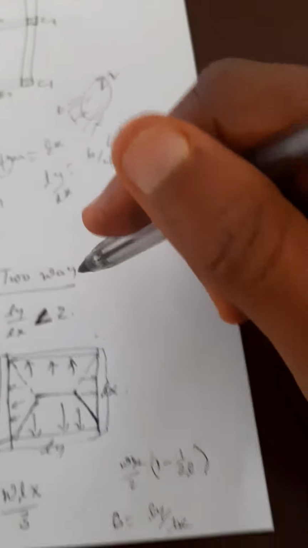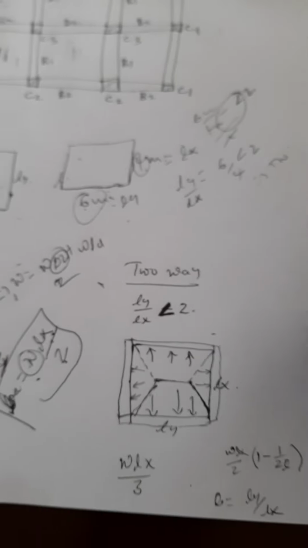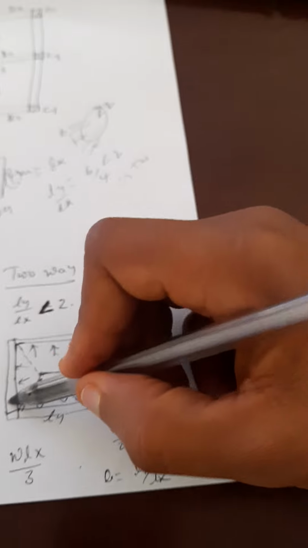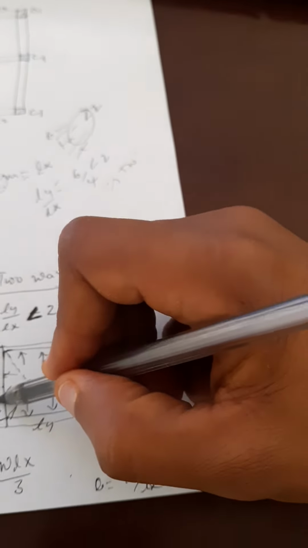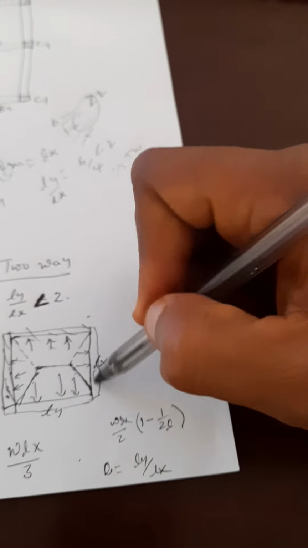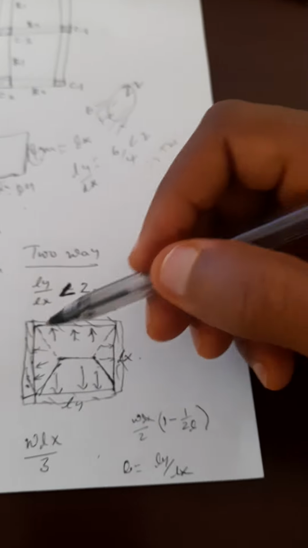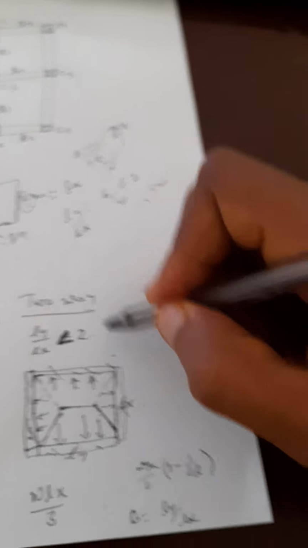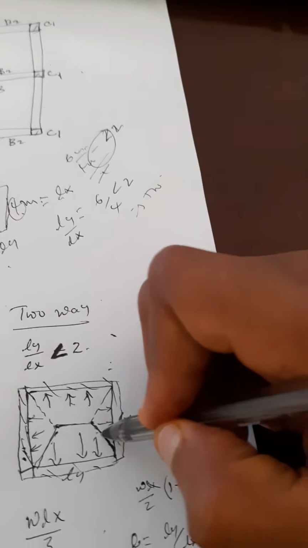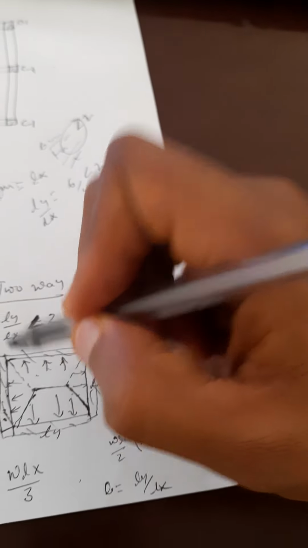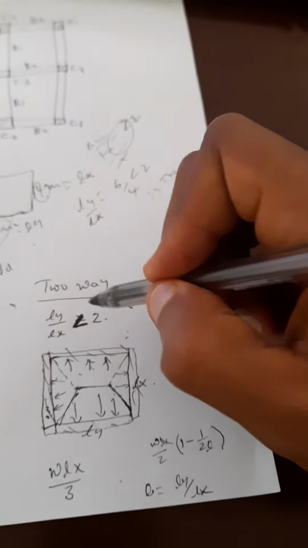Okay, let's see how the load transfers from slab to beam in a two-way slab. We have beams in different directions, here, here, and here. We'll see how the load transfers in a two-way slab when Ly over Lx is less than 2.